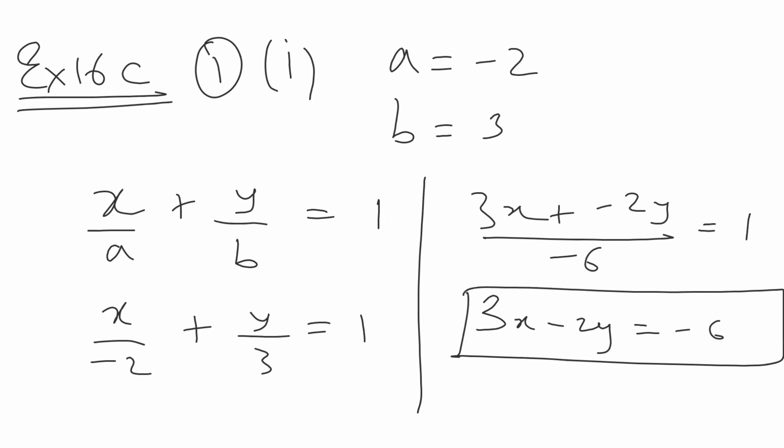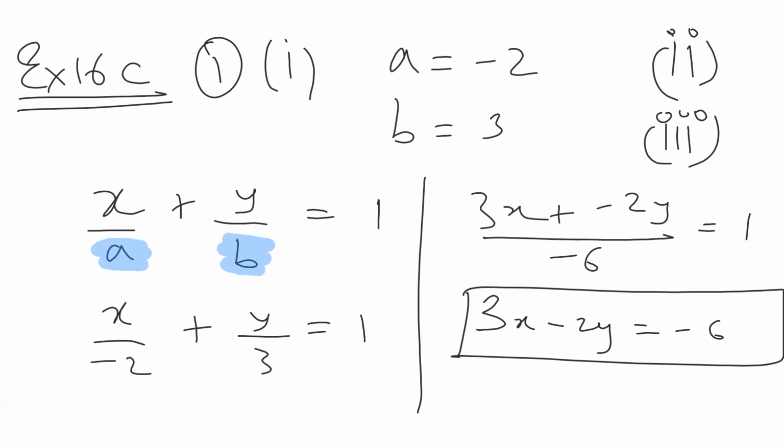In sub-questions 2 and 3, they have given you the x-intercept and y-intercept. You have to just put them in place of a and b, simplify and get the answer. Let us go to question number 2.